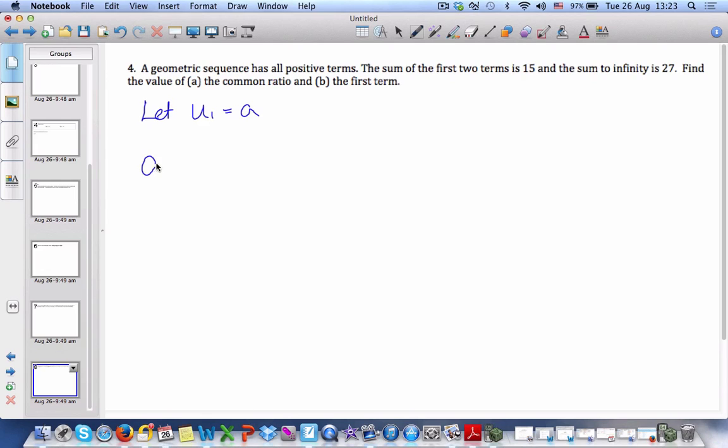So if we say A plus AR, A times R, that would be A plus AR is equal to 15. Okay, and sum to infinity is 27, so I can write A over 1 minus R is 27.